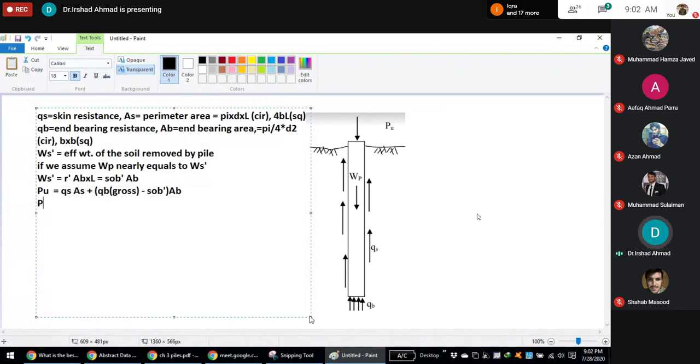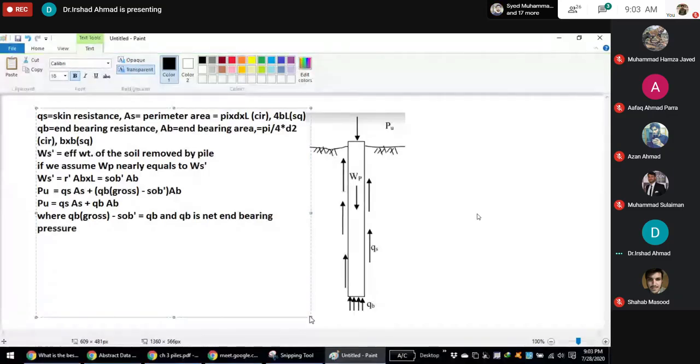So I can write PU is equal to QS into AS plus QB into AB, where QB gross minus sigma naught B prime is equal to QB, and QB is the net end bearing resistance.